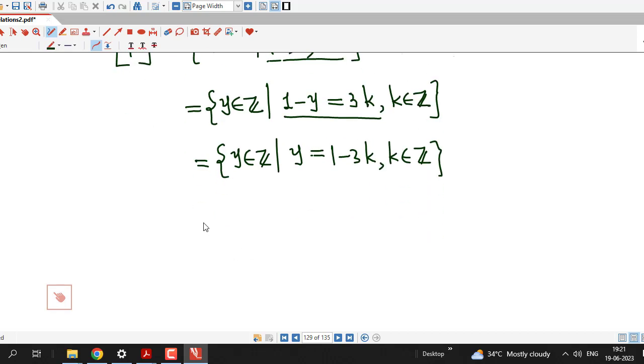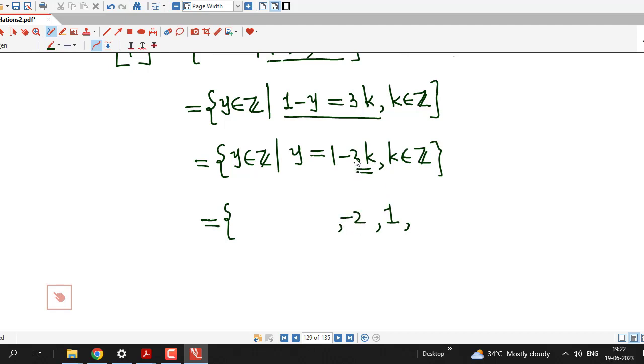And for different values of k, we will have different integers in this equivalence class of 1. For example, if I take k equal to 0, I will have 1 here. If I take k equal to 1, I will have 1 minus 3, that is minus 2.